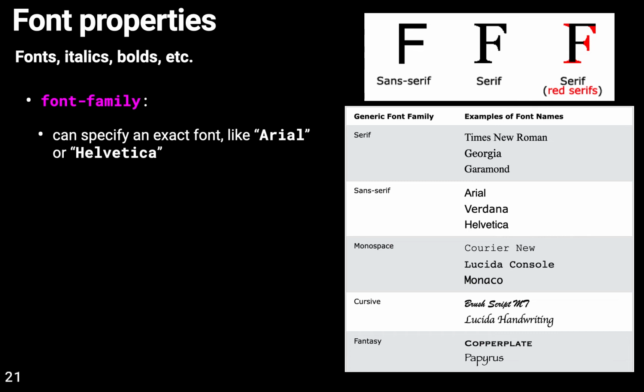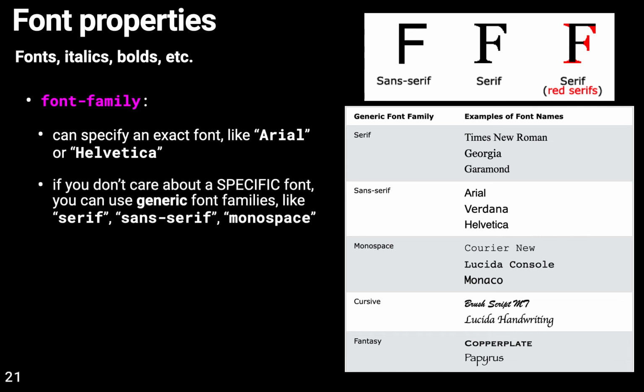You can specify an exact font, or you can specify just a general family of fonts, because you're not always sure what browser the person loading this web page is using, and what fonts they even have available. So you can say things like, I do want serifs, or I don't want serifs, so I use a sans serif font, or I want monospace.